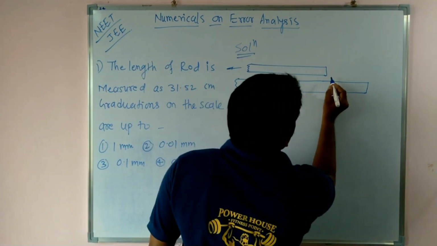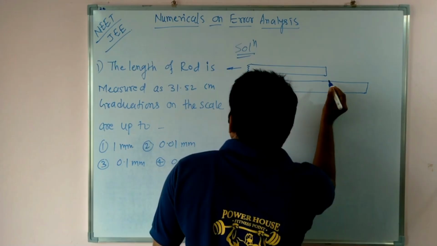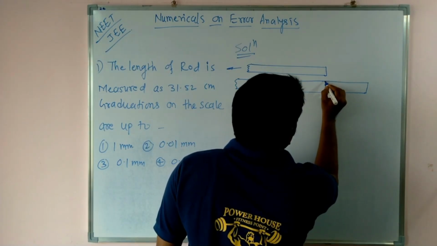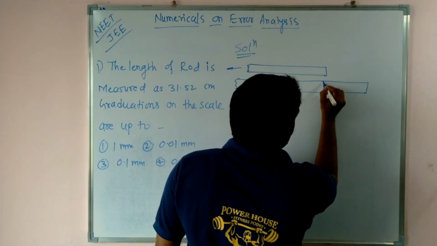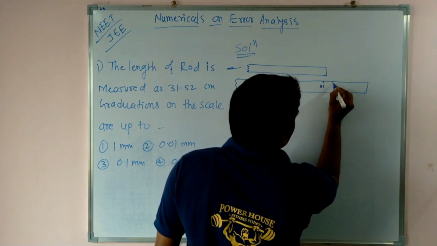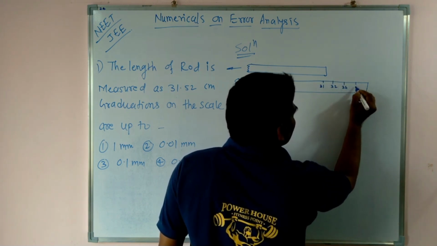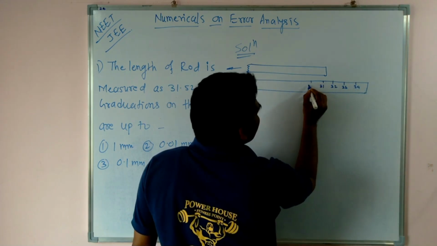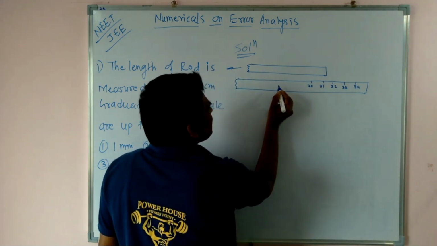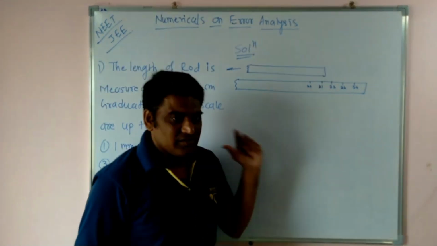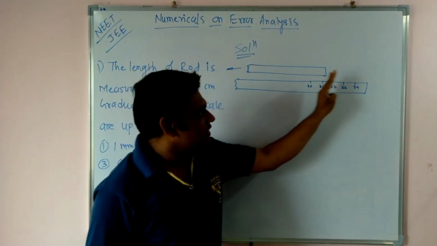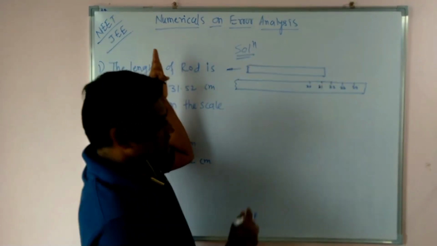Suppose this length is something, let us say this is 31, 32, 33, like this, 34, 30, like this. So this is a scale from 0 to 30 and onwards, and this rod is kept at 0.